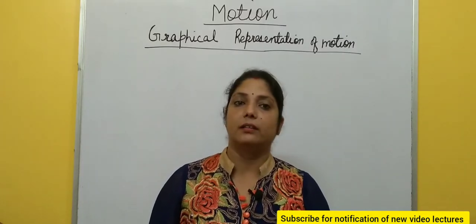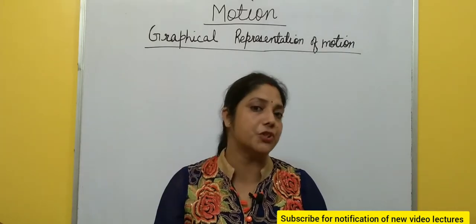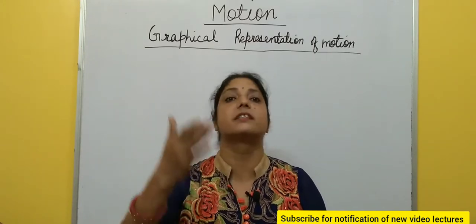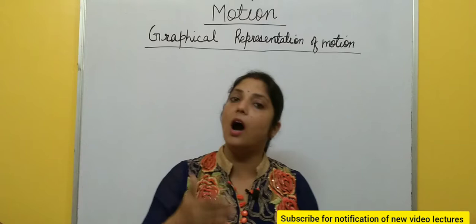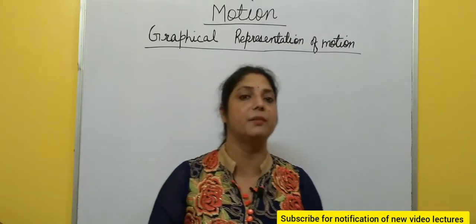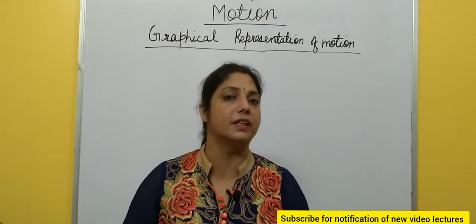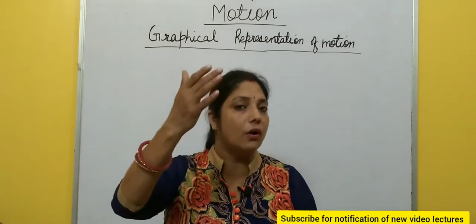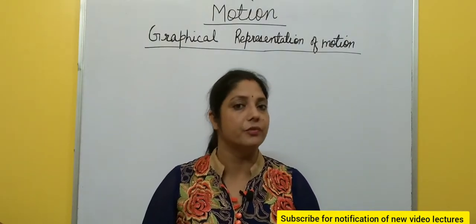You know that when you study motion, you already studied how distance changes with time, how displacement changes with time, how velocity changes with time. So today I am going to discuss all these things with the help of graphs.